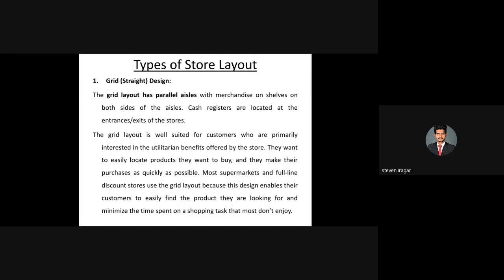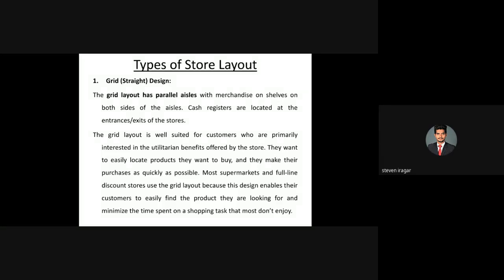Fine. So here, this is what we call parallel aisles that we are going to use. These aisles are nothing but a passage that you find between two racks when you are shopping at certain shopping centers or supermarkets. You stand at a particular place where on both sides of you, right and left, you find racks filled with merchandise.